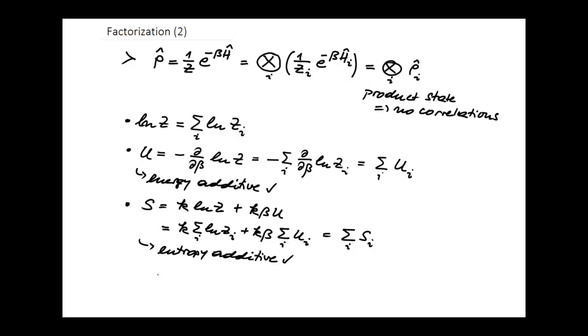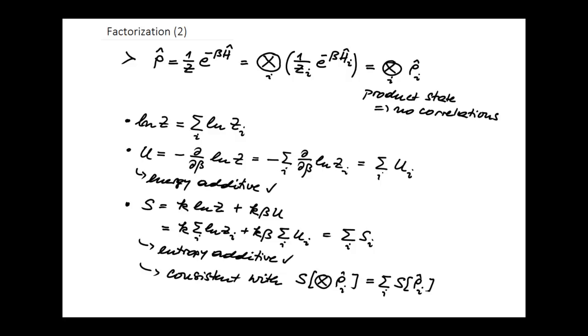And this, by the way, is as it must be, because if the overall state of the total system is a product state, that's what we had found above, we know from our general properties of the quantum mechanical entropy that the entropy of a tensor product is the sum of the entropies.